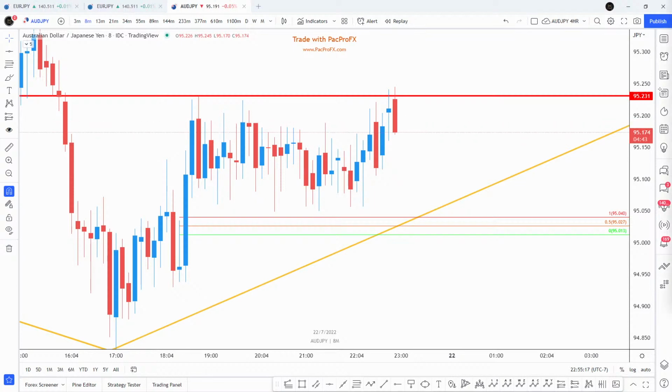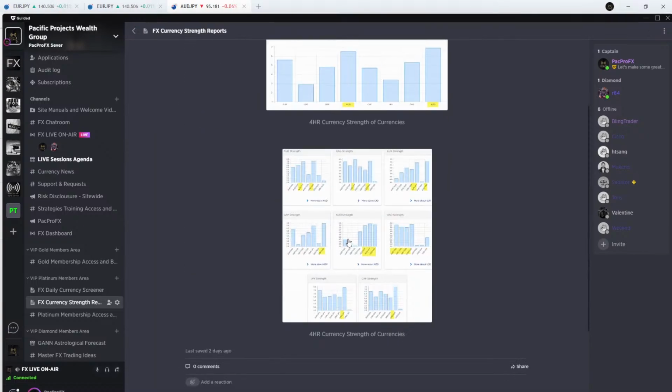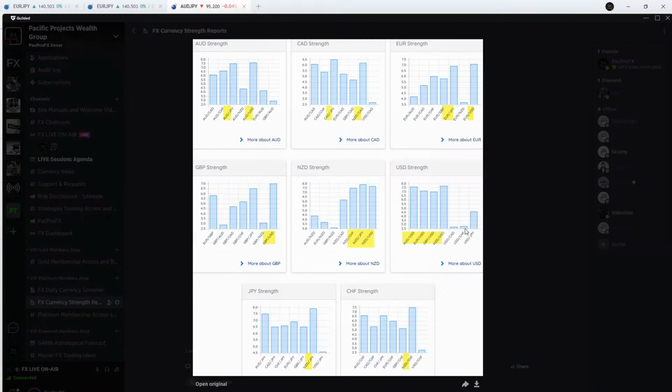So let me show you that again. For example, see this one here, the pound New Zealand in the middle. If you were in the New Zealand Swiss, the JPY, or the USD, that's where the New Zealand strength is concentrating, and it doesn't even care about what's going on in the pound New Zealand.